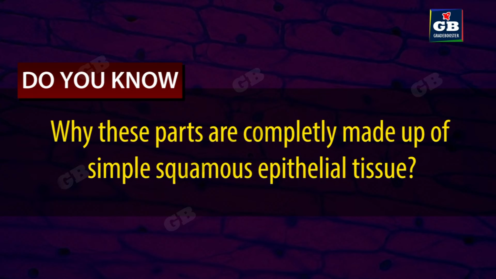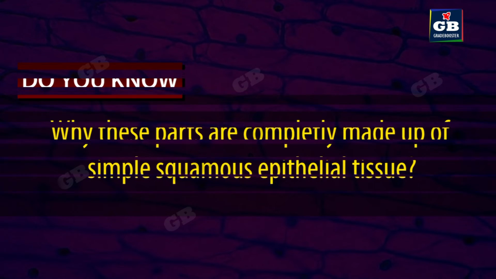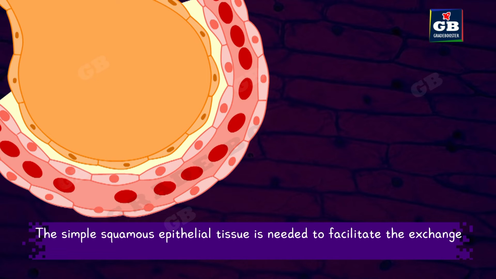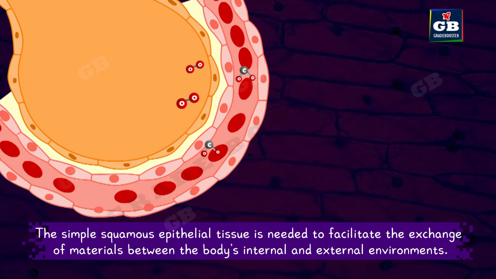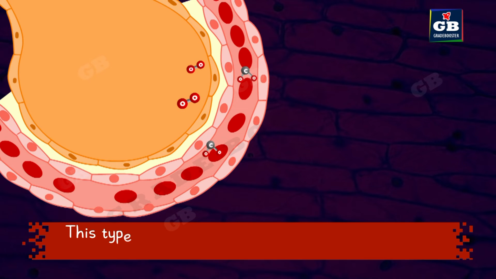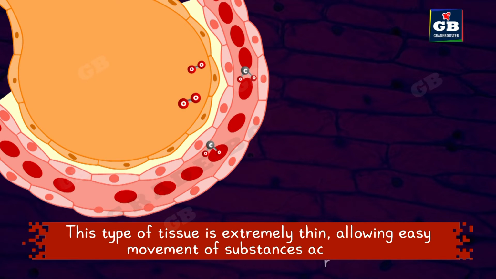The main reason these parts have simple squamous epithelial tissue is that they need to facilitate the exchange of materials between the body's internal and external environments. This type of tissue is extremely thin, allowing easy movement of substances across it.